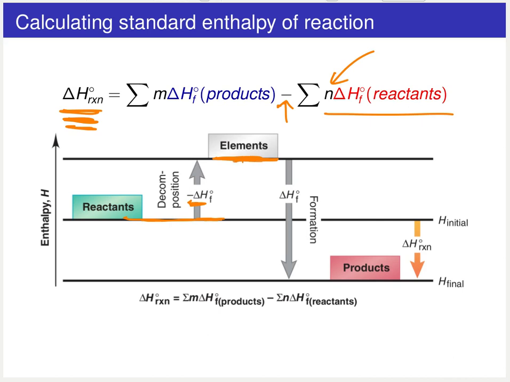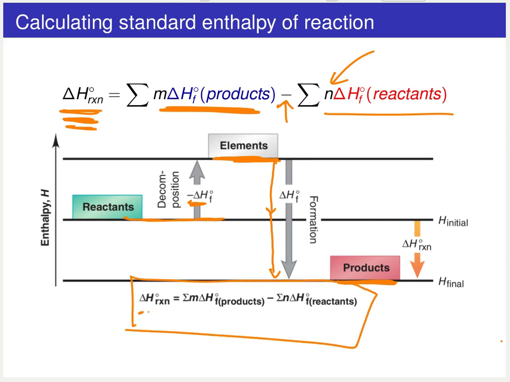Then once we form those elements, we are then going to take those elements, put them together to form compounds, and however many compounds you might have, you'll just add all those enthalpies of formation together, and you'll end up with your products. And the enthalpy of formation for each one of those products, all summed together, shows up right here with those stoichiometric coefficients. Add all those terms together, and you have your standard enthalpy of reaction.